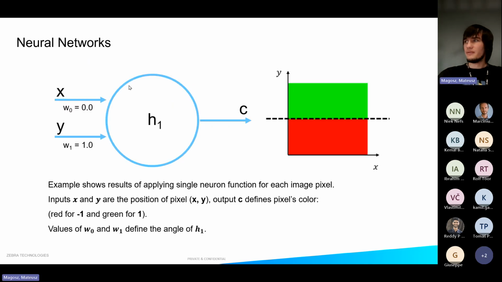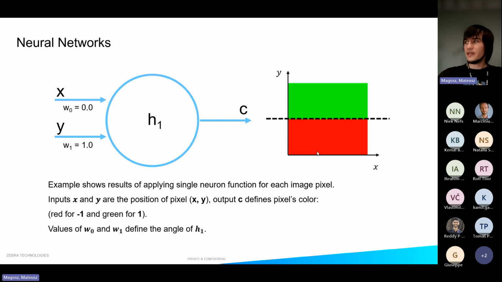Here you have an example of application. You have 2 inputs here, which are x and y, so a coordinate on our coordinate system. And as you can see, there is a weight of 0 on our x and a weight of 1 on our y.